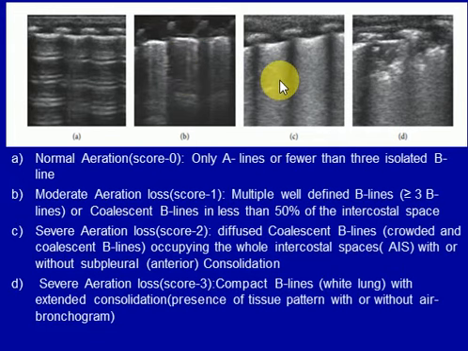Score 2 if there are compact B lines, more than one intercostal space with 3 or more, that is AIS. Score 2, either with subpleural consolidation or without consolidation. The score 3 is compact B line with extended consolidation.